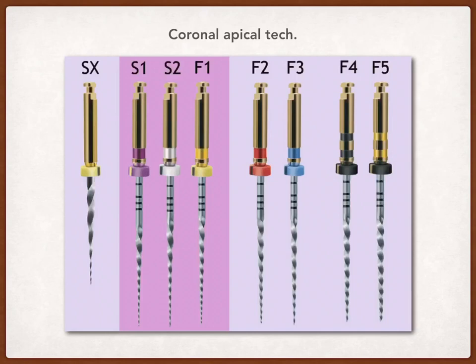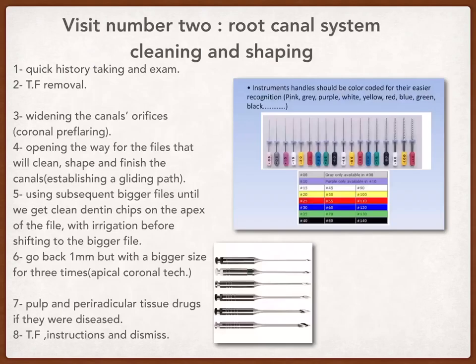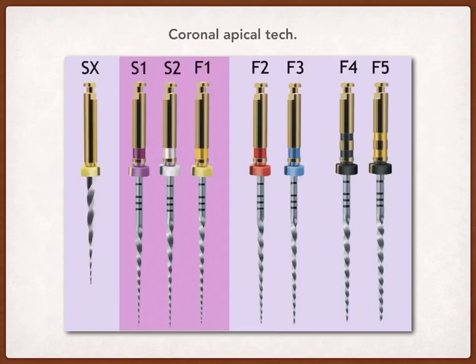Here I want to indicate the coronal apical technique. A moment ago I mentioned the apical coronal technique or the step back technique, but now I want to mention the coronal apical technique or the step down technique, which is used by most of the non-ISO systems or the rotary systems.